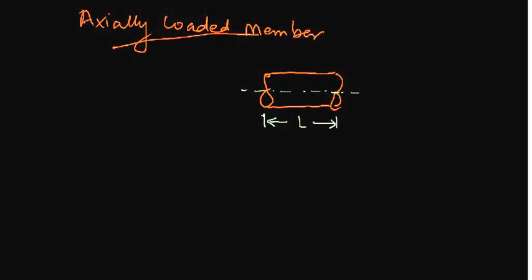Now if I apply a load along the axis of the shaft like this in both the directions, this load is P, then this becomes an axially loaded member, because the load is acting along the axis.